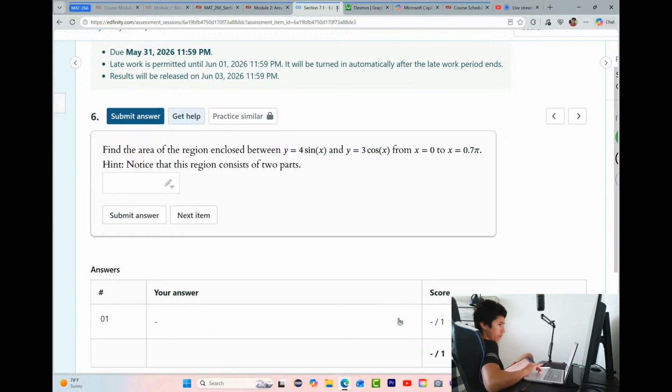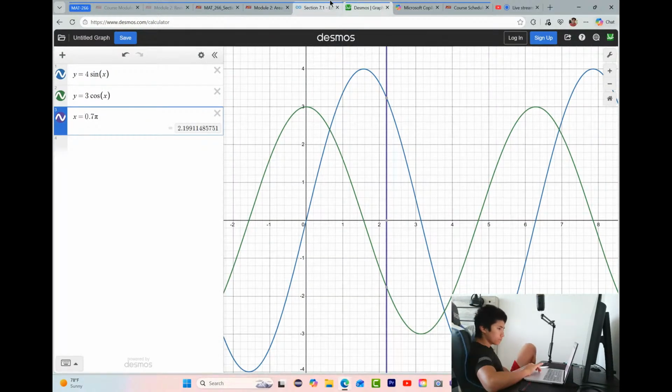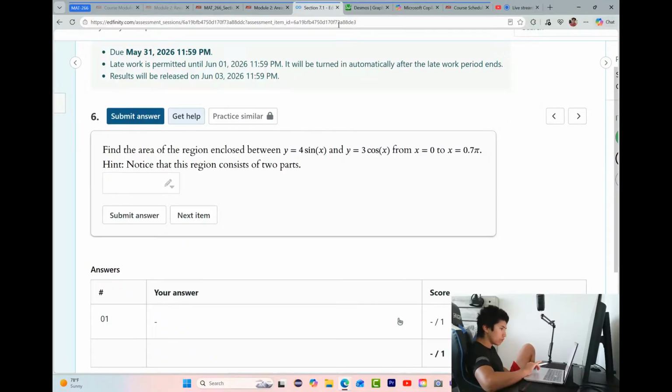Yo, that's a tough one. It consists of 2 parts. Well, actually, it looks like 3. Oh, hold on. So maybe it would be. Oh boy. I really hope I'm doing this correctly.